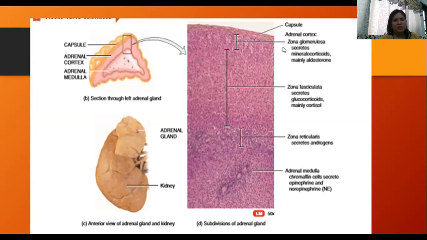The mnemonic is GFR: zona glomerulosa, secreting mineralocorticoids, mainly aldosterone; zona fasciculata, secreting glucocorticoids, mainly cortisol; and the inner layer is zona reticularis, secreting androgens. And the adrenal medulla secretes epinephrine, norepinephrine, and small amounts of dopamine, right?